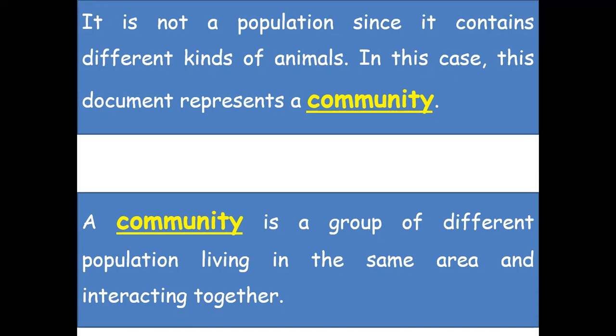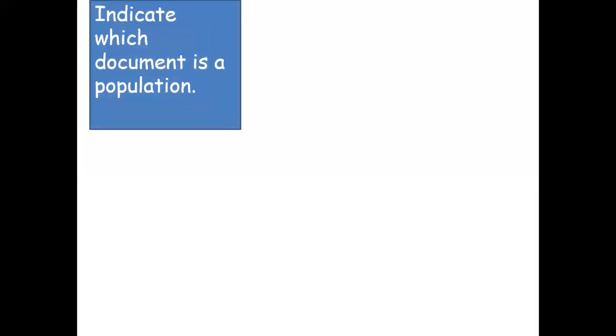This is population. While a community is a group of different populations or different living things or different organisms that are found in the same area and interact together.